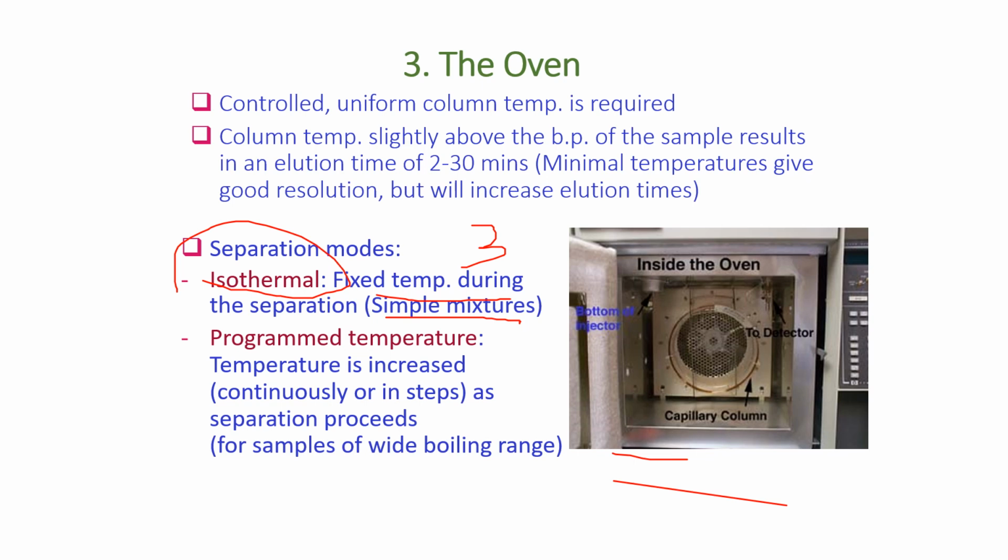It means that throughout the separation, from 0 to 20 minutes, for example, if the component of analyte is volatilized up to 200 degrees C, you will use 230 degrees C to elute the analyte out.